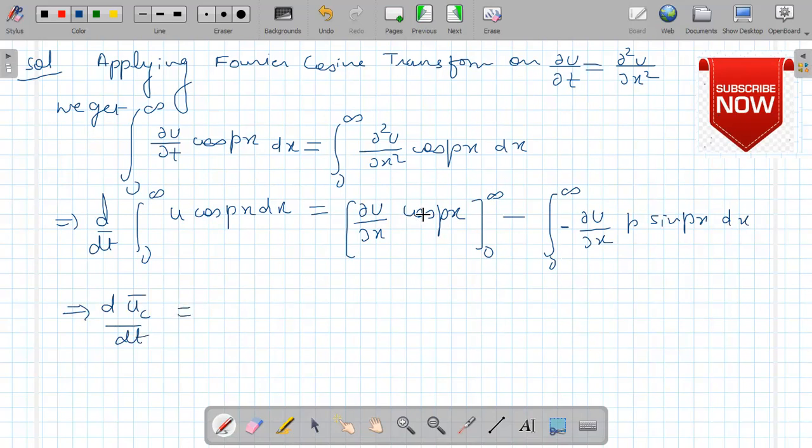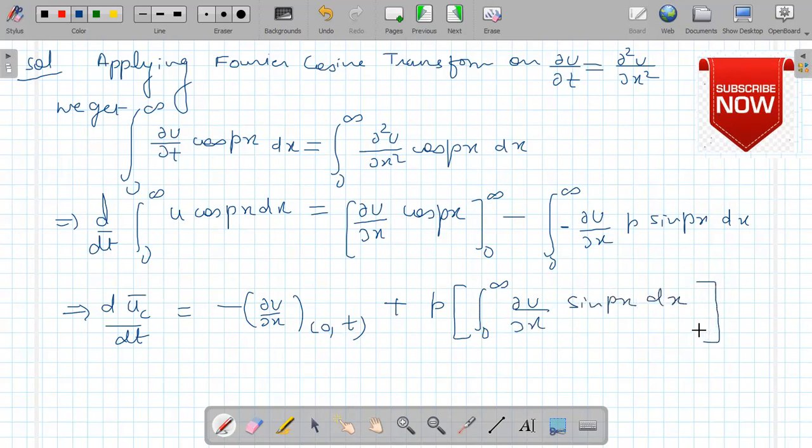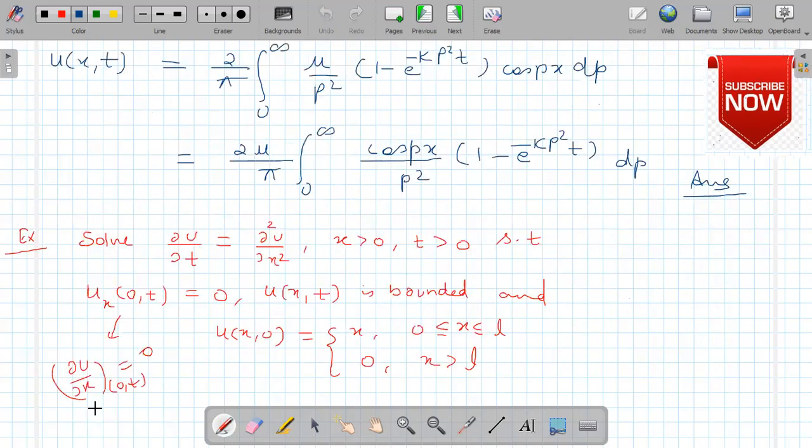This is 0 at the upper limit, and at the lower limit this is minus del u by del x at 0 comma t, plus, again we integrate this, p integral 0 to infinity del u by del x sin px dx. We are given the derivative condition del u by del x at 0 comma t is 0.